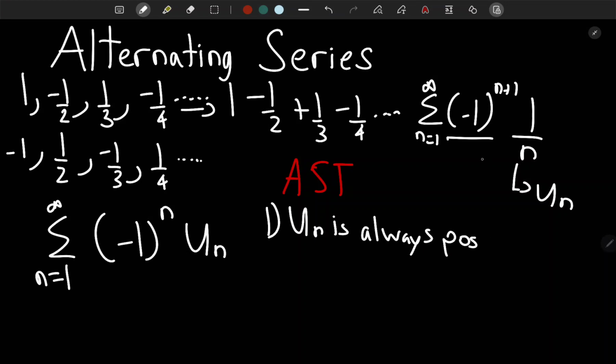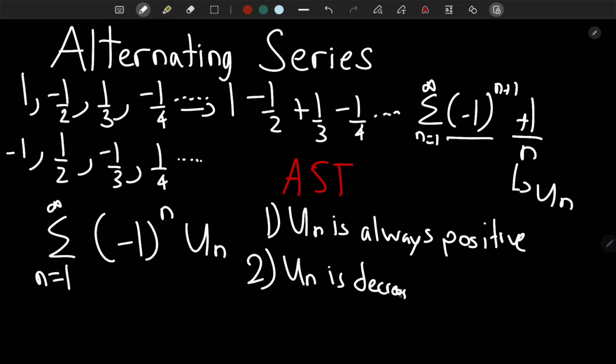So we can compare it to the example that we just did and check these conditions. Here we have u of n equal to 1 over n, which is a positive number, right? Because n is going from 1 to infinity, it's always positive, and we have a 1 over here, which is also positive. So it checks the first condition. Now the second condition is u of n is decreasing.